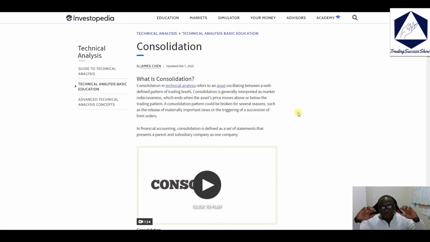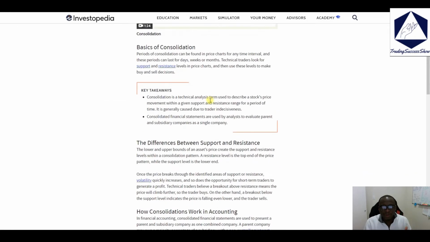Now, what is consolidation? Consolidation in technical analysis refers to an asset oscillating between a well-defined pattern of trading levels, right? Consolidation is a technical analysis term used to describe a stock price movement within a given support and resistance range for a period of time.